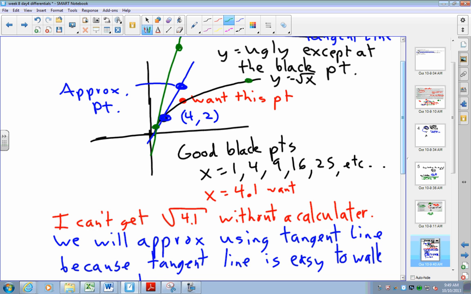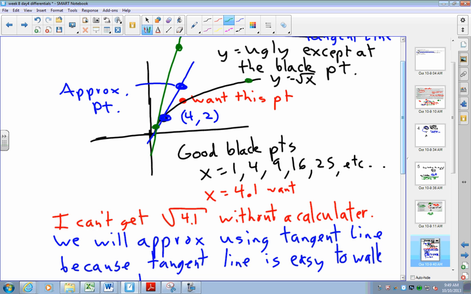So here's the curve. I'm going to stay on square root of x. But can I plug in 4.1 in the square root of x without a calculator? No. But could I get off at the exit ramp at mile marker who? 4. And could I walk on a tangent line and get a close value? Will this not work once you start getting like higher numbers? No, it will.